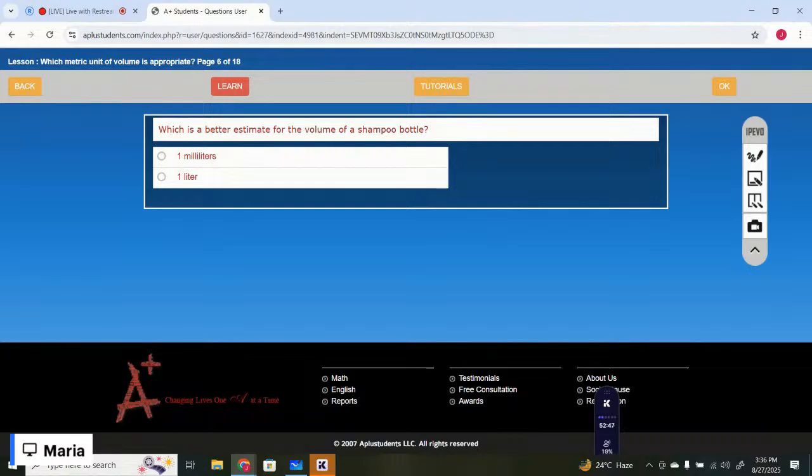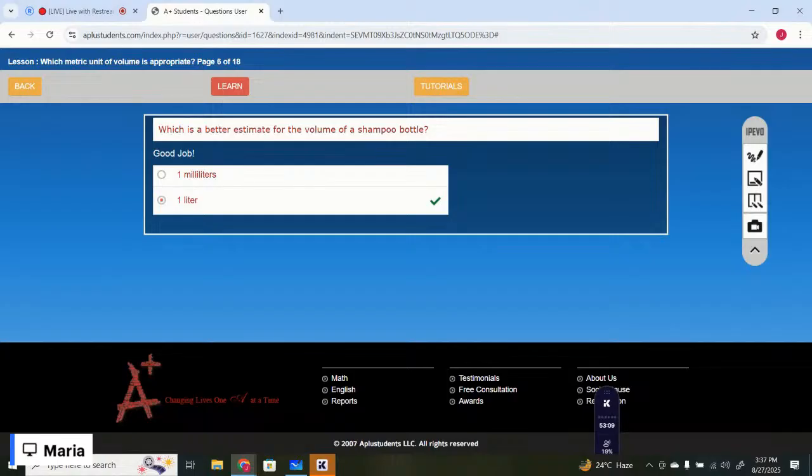Which is the better estimate for the volume of a shampoo bottle? Which is the correct option? A shampoo bottle would be 1 liter. Option number 2 is the correct option.